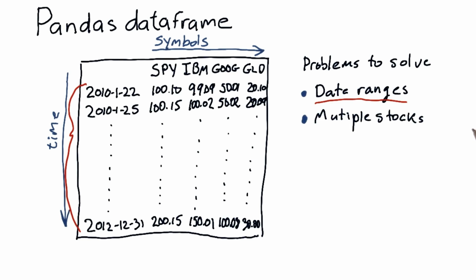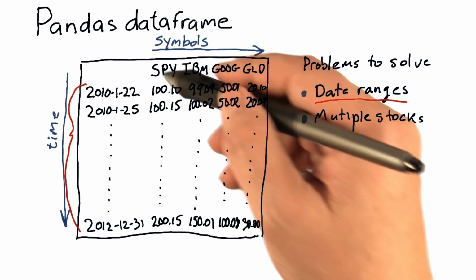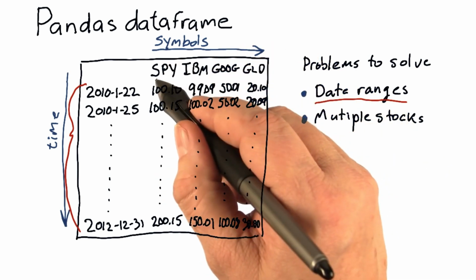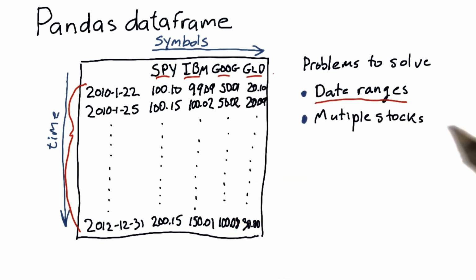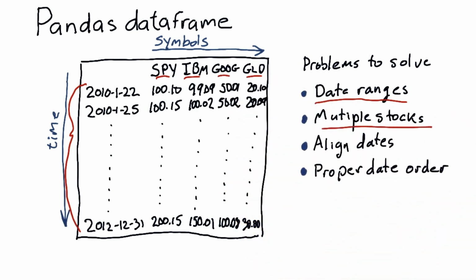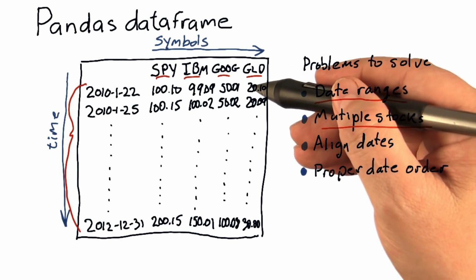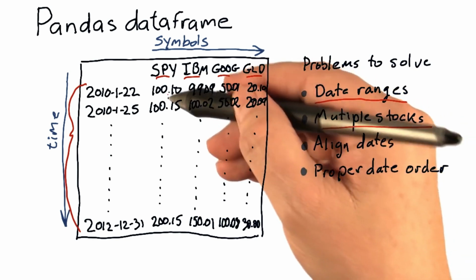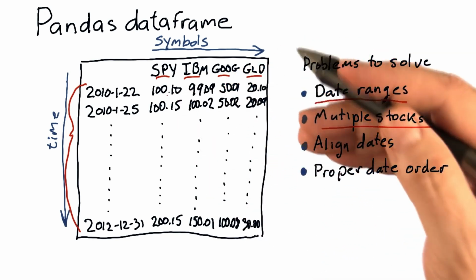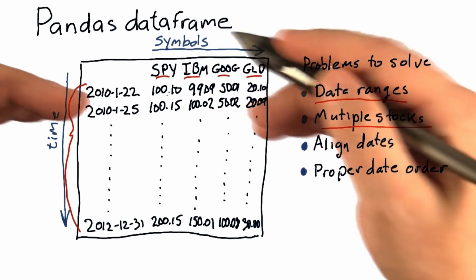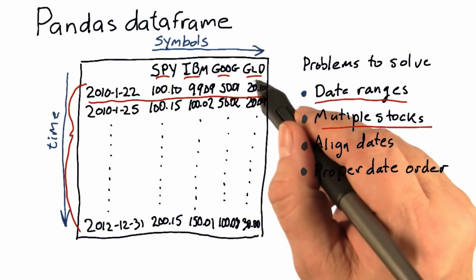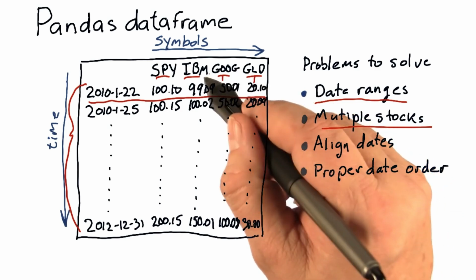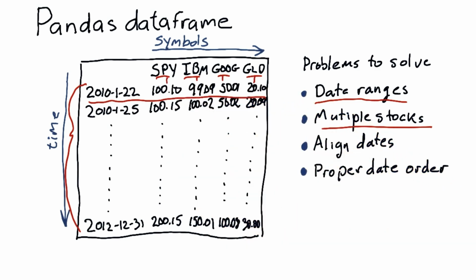We need to be able to read in multiple stocks. Instead of just having one, we want to have SPY, IBM, Google, and Gold all at once. We need to be able to align dates. For instance, if GLD traded on particular days and SPY traded on particular days, we want to make sure that those line up so that for each row we have the correct information for each equity on that particular date.